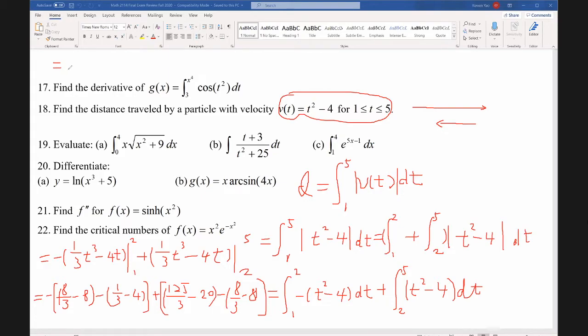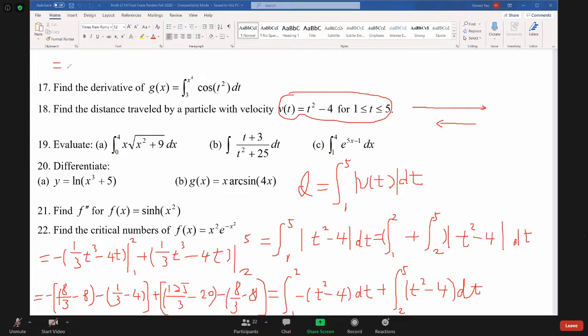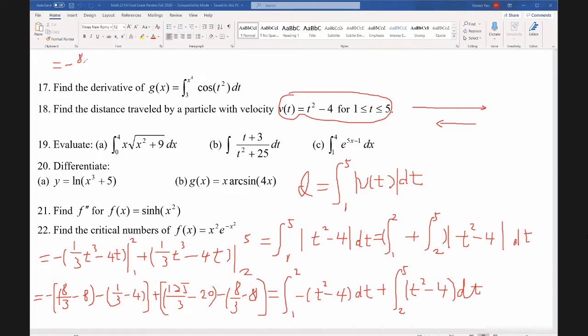So that's equal to, put a negative sign inside. So it's negative 8 over 3 plus 8, right? You see, negative becomes positive. 1/3 minus 4, right?